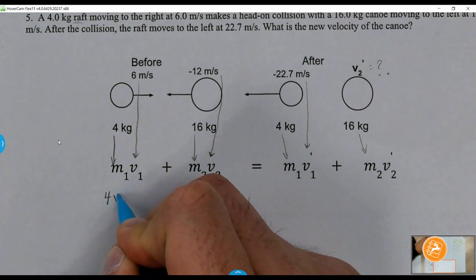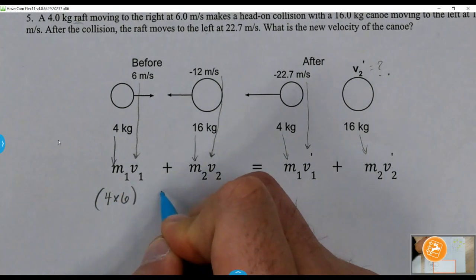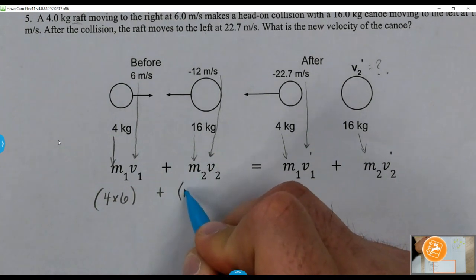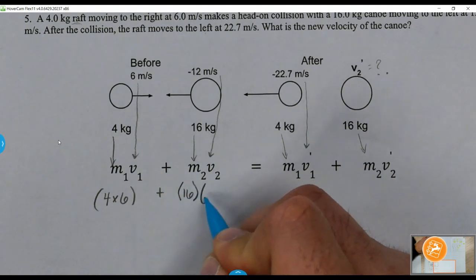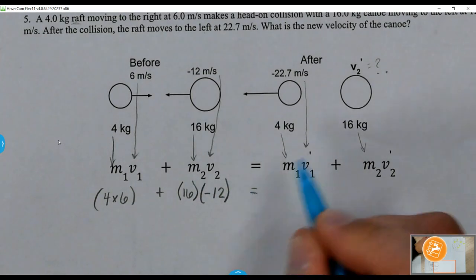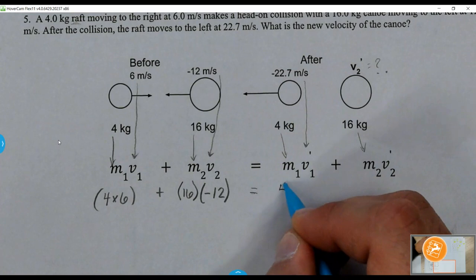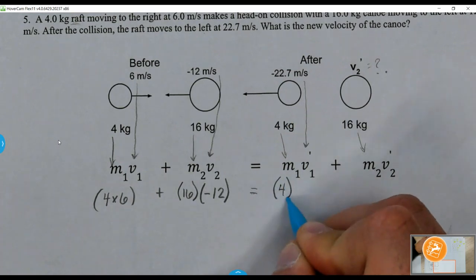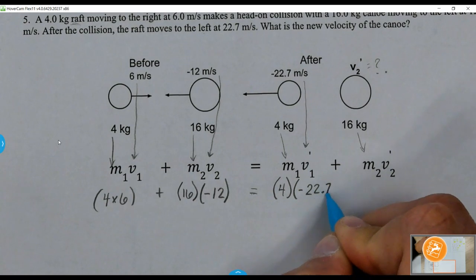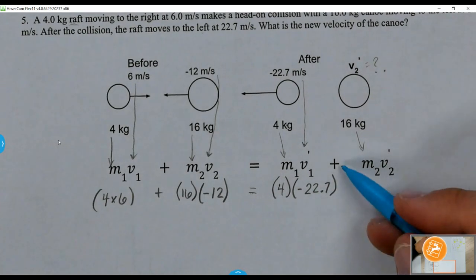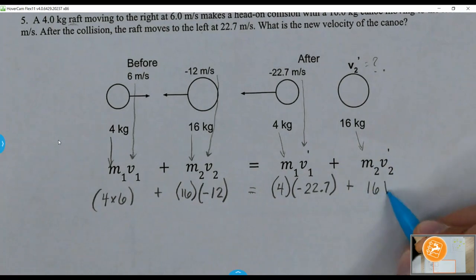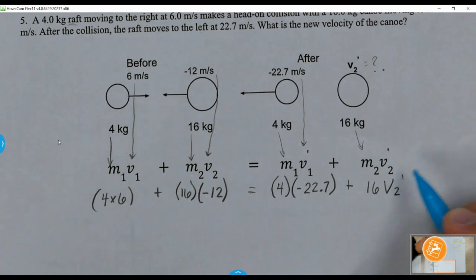So 4 times 6 plus 16 times negative 12. You've got to make sure you put that negative there. Equals M1, which is 4, times negative 22.7. Bring down your plus sign. Mass here of 16 times V2 prime.